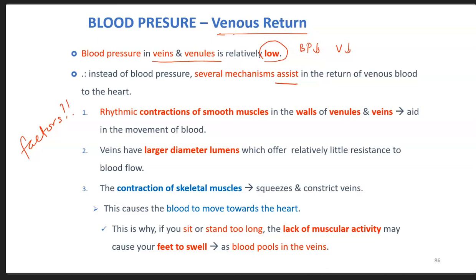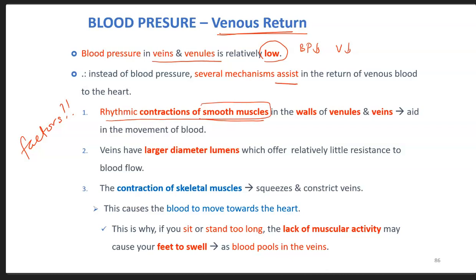So the first factor is the rhythmic contraction of smooth muscles in the wall of venules and vein. Kita belajar kan, blood vessels, artery and also vein, they have tunica intima, media and also adventitia. So the middle layer, the tunica media, is made up of smooth muscle that is able to contract and relax.